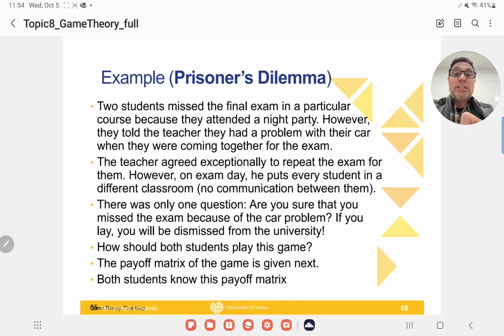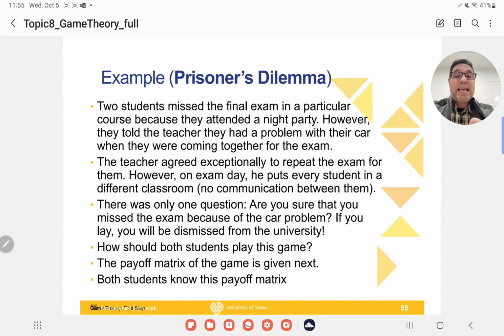However, they told the teacher that they had a problem with their car when they were coming together for the exam. So this is the situation, and the teacher agreed to repeat the exam for them.